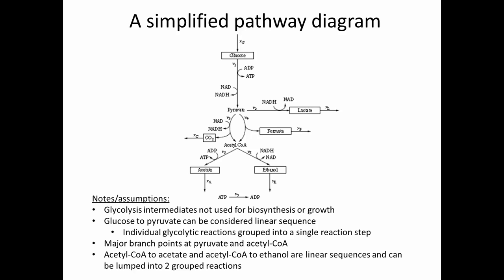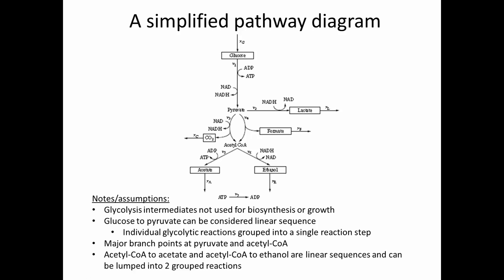So we simplify our pathway diagram here, and we make some assumptions. So we assume that glycolysis intermediates are not being used for biosynthesis or growth in this case. We also assume that glucose to pyruvate can be considered a linear sequence, which is for the reasons I just said. And we assume thus that the individual glycolytic reactions are grouped into a single reaction step with the rate of V1.